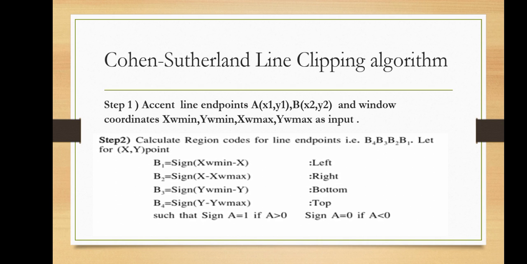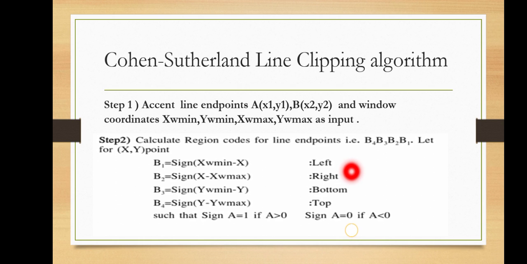Those formulas are used to calculate the region codes, that is b1 b2 b3 b4. Simple. You put the values of x minimum and x. If the value comes positive, then the b1 bit will be 1. If the value is negative, then the b1 bit will be 0.